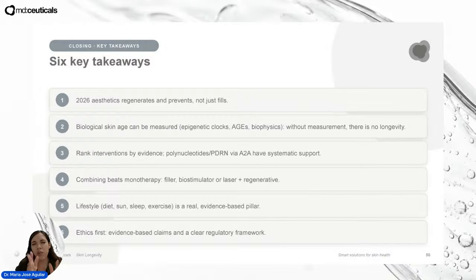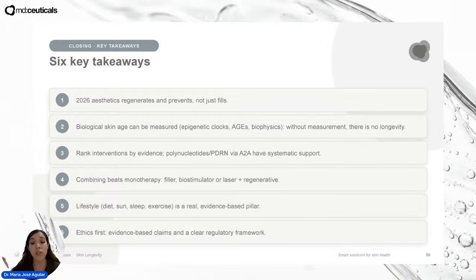I didn't say it, but in one of the papers that you can read after, what we are seeing is that monotherapy by itself is not enough to give a full longevity treatment. So it doesn't matter if you are going to do an anti-aging treatment or a biostimulator treatment or a laser treatment or a regenerative treatment.